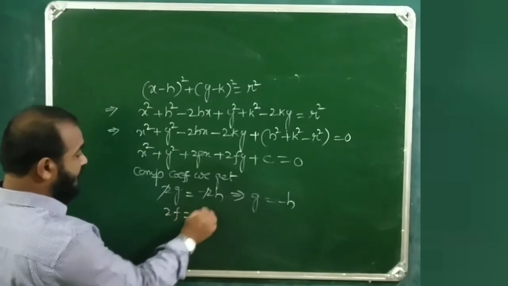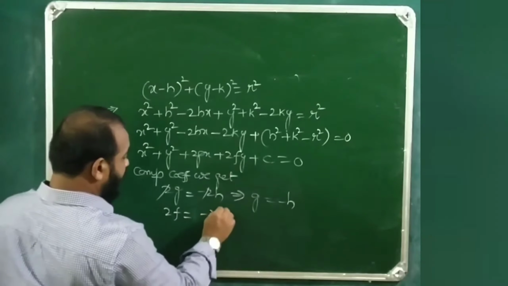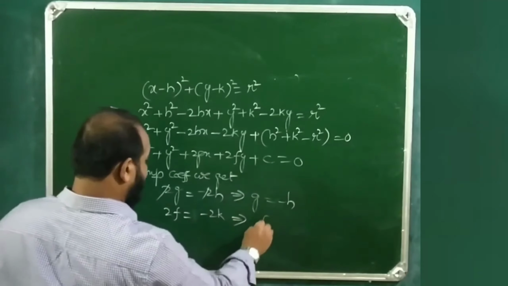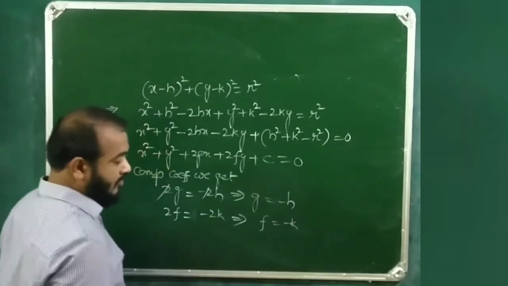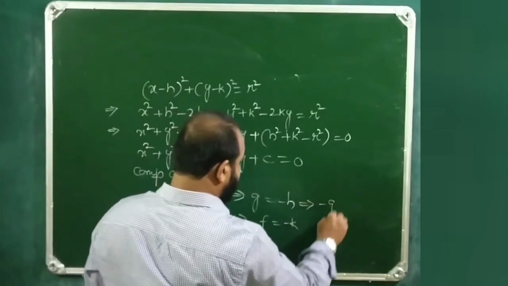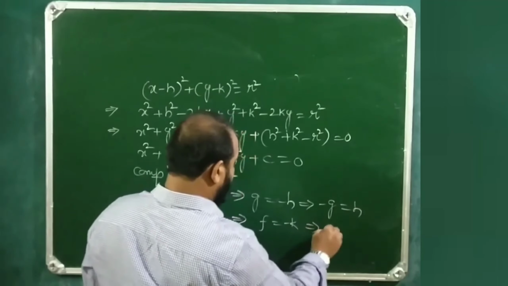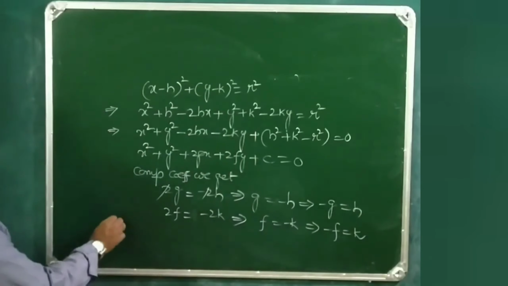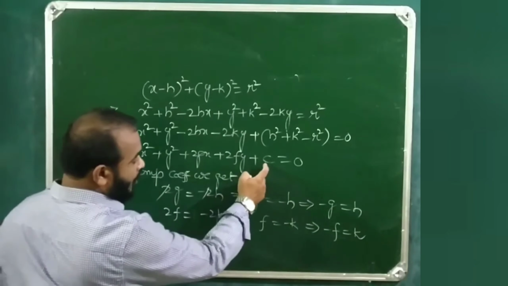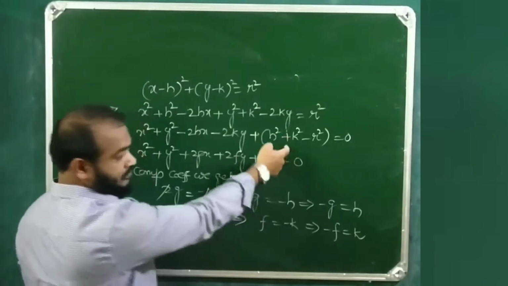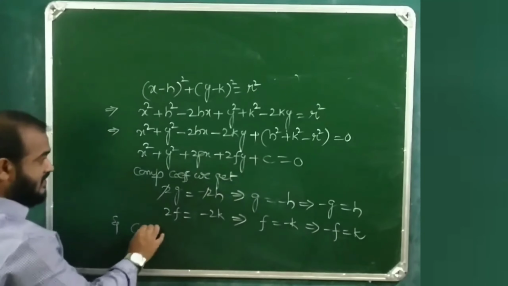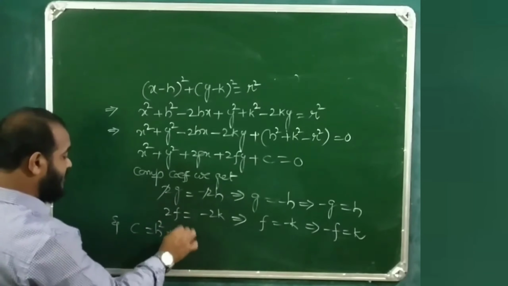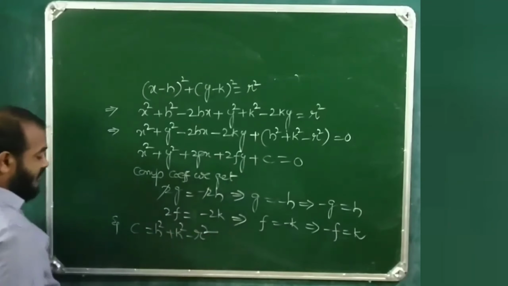Likewise, 2f is equal to minus 2k. So f is equal to minus k. From this, minus g is equal to h, minus f is equal to k. And on comparing the constants, c is equal to h square plus k square minus r square.